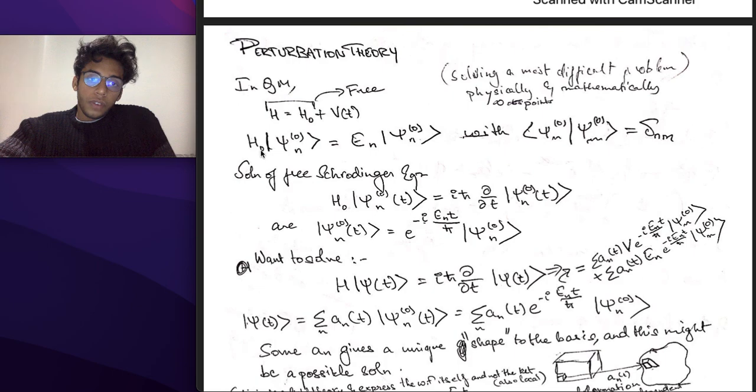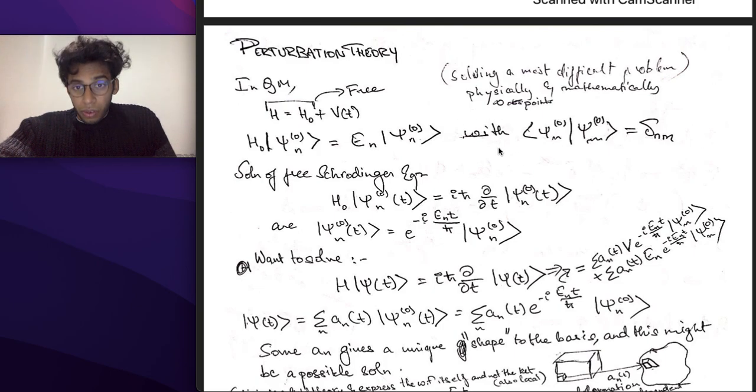So you have your H naught, which is the free Hamiltonian operator, and E_n are the energy eigenvalues for the free wave function.